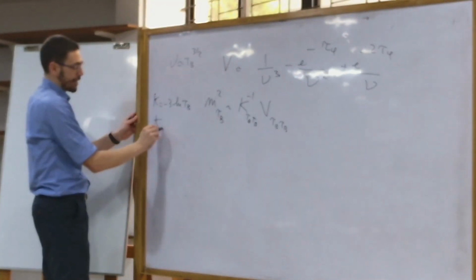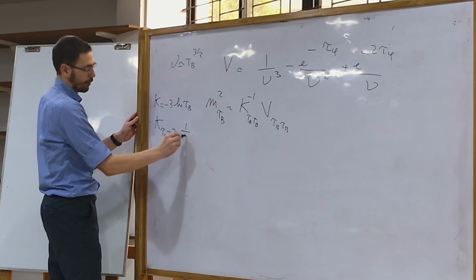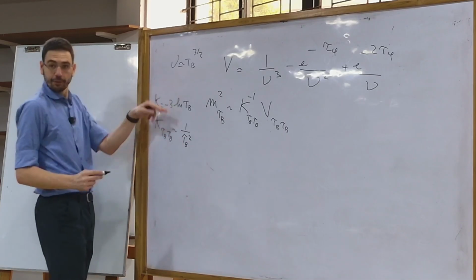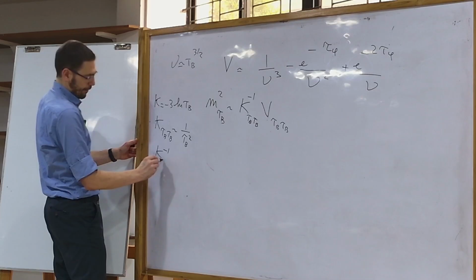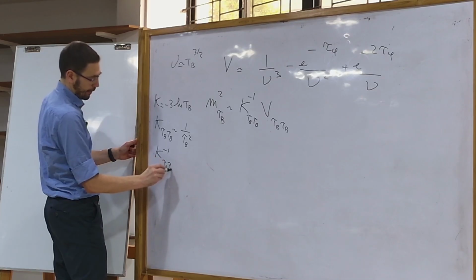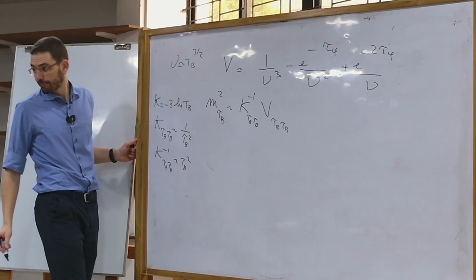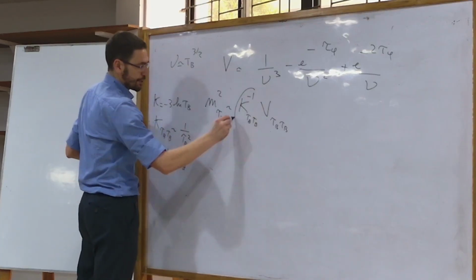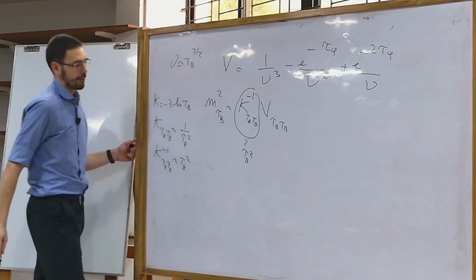So then K tau big goes like 1 over tau big squared. You take the second derivative. So now K to the minus 1 for tau big goes like tau big squared in the numerator.